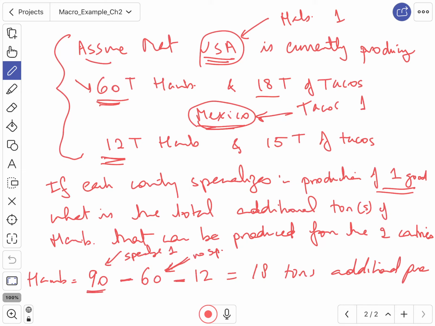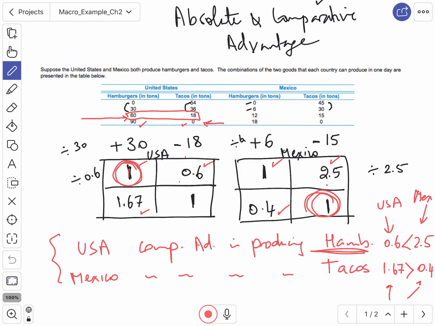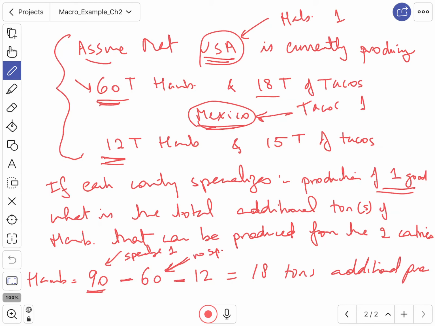This number was after specialization, so that's why we got the number from here. 0 implies 90, minus how much the country is now producing, minus the other country is now producing, and that implies 18 additional production for the two countries.